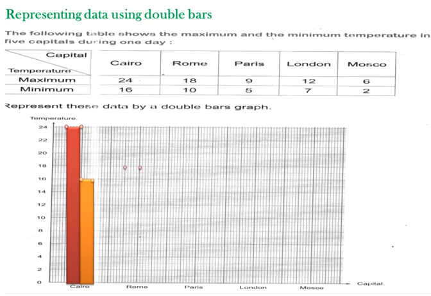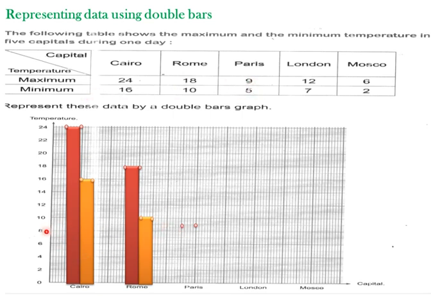Next, Rome. For Rome, first go to 18, put 2 points and draw the bar. Then next will be 10, the minimum: at 10 put 2 points and join the bars. In the same way we can represent Paris, with maximum at 9.